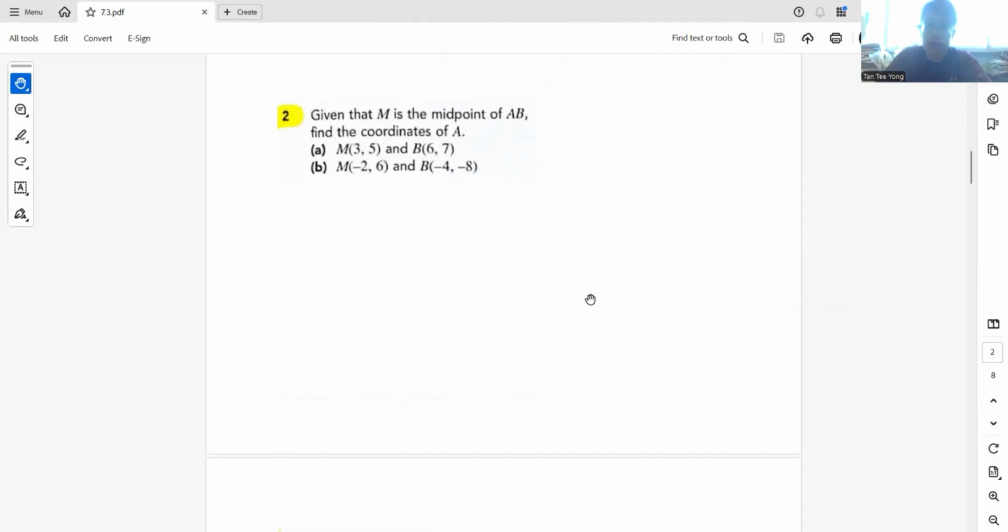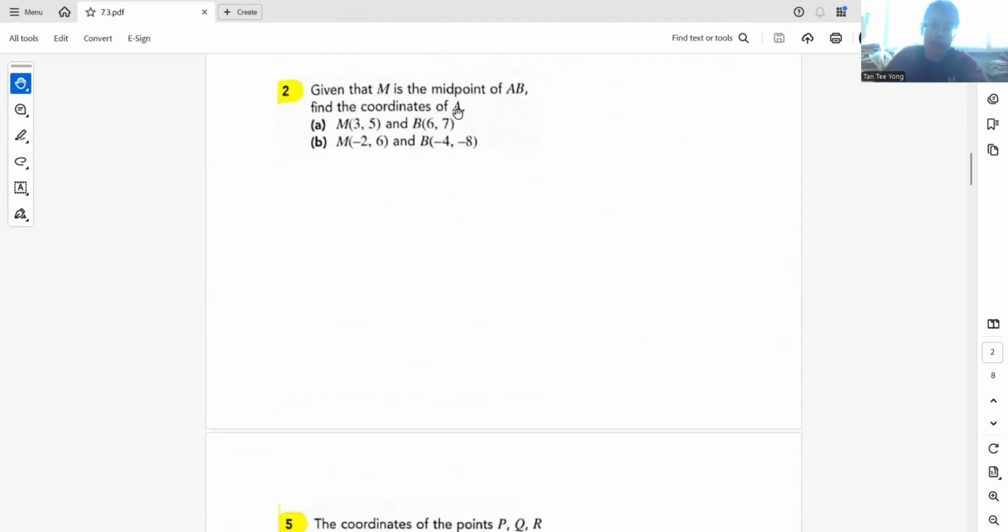For question 2, same thing, I'm only going to go through 2B. Given that M is the midpoint of AB, find the coordinate of A. So we have a midpoint, we have coordinate B, and they want us to find coordinate A. We let coordinate A be (x, y).